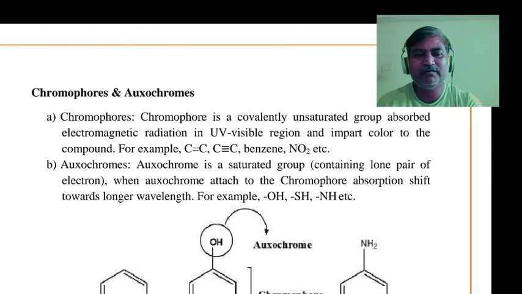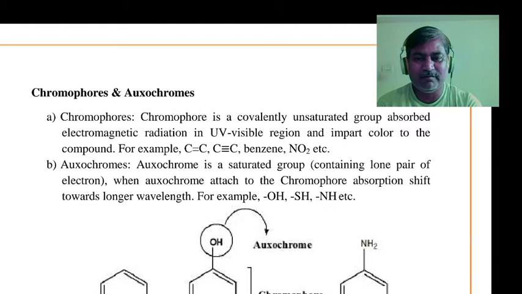You have already studied chromo. Chromo means color, phore means capable. Chromophores are the double bonded system, triple bonded system, multiple bonded system, which is a covalent conjugated system containing unsaturated groups and which are capable of absorbing light radiation in the UV region.